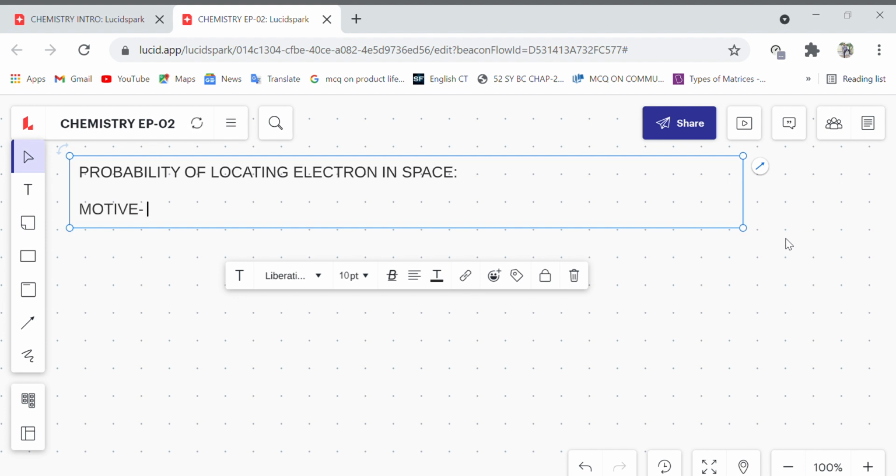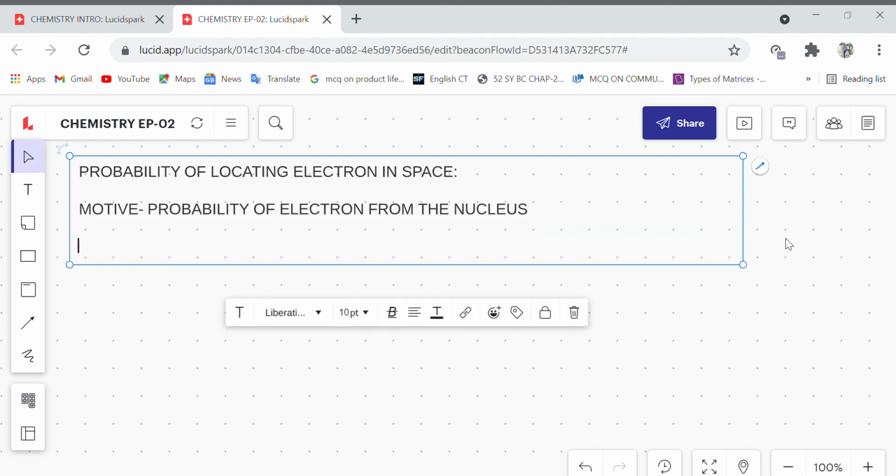Our motive is to find the probability of the electron from the nucleus. For that, we have to deal with two factors.